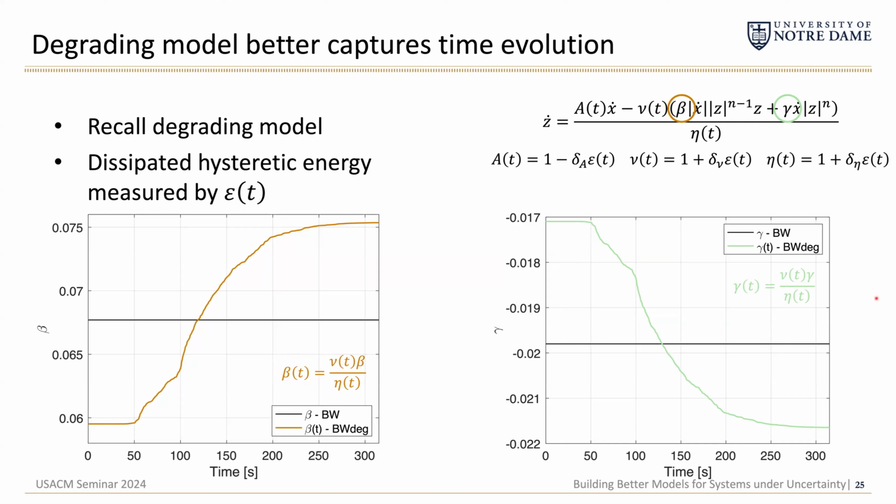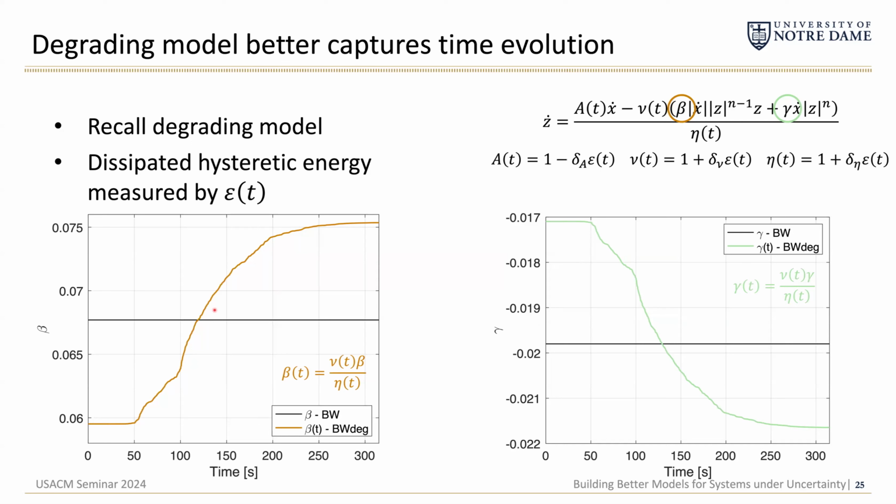Then if we plot that, we now have a sense of how beta, or an equivalent to beta, is evolving over the course of a test, and same with gamma. And then we can contrast that with the standard or general Bouc-Wen, which obviously can only use a constant value. What's interesting is you realize that the degrading Bouc-Wen, in contrast to the conventional, has this evolution, where the conventional Bouc-Wen is essentially adopting the time average value of the evolutionary beta or gamma.